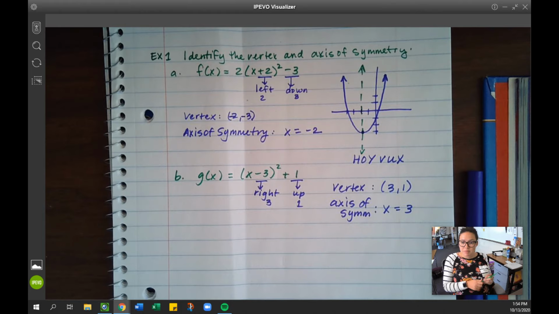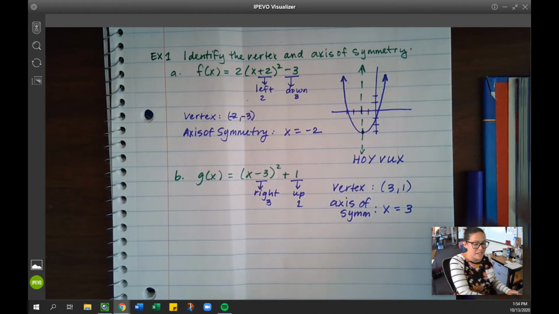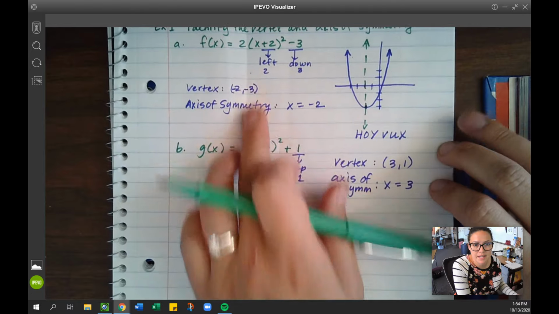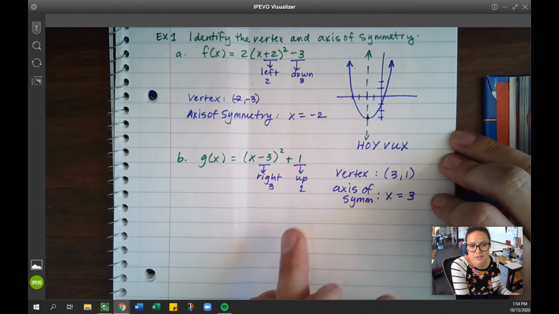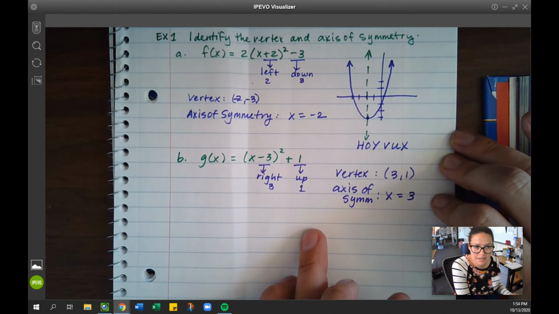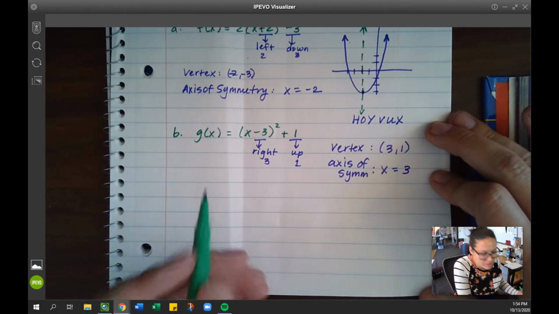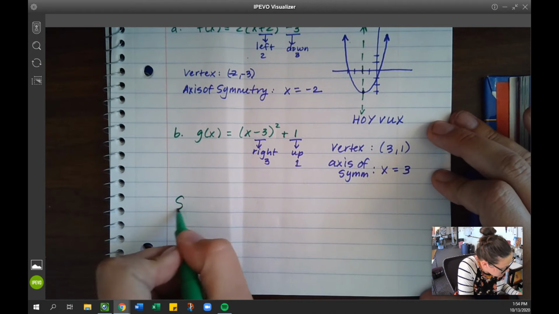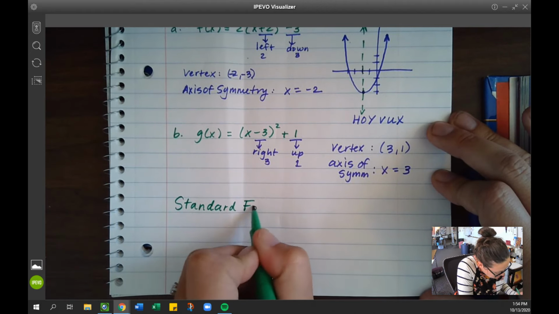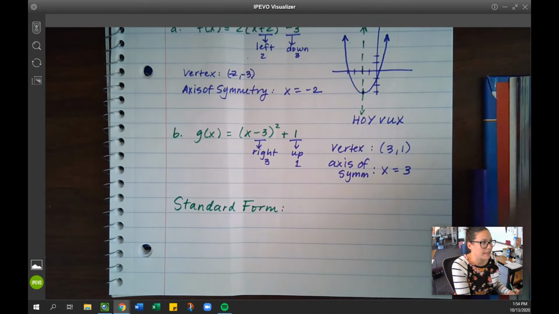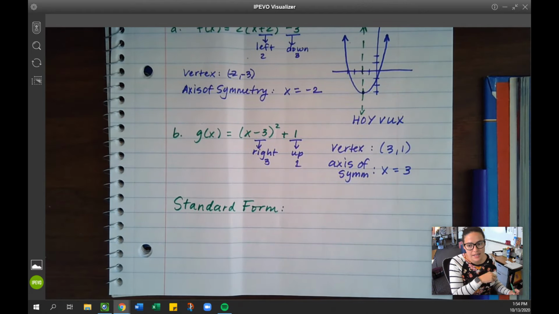All right, sometimes equations look a little bit different than this. This is what we call vertex form, where we can just use the transformations to figure out where the vertex is. However, we have another form called standard form. And this is the form that you're going to see the majority of the time with quadratic equations.